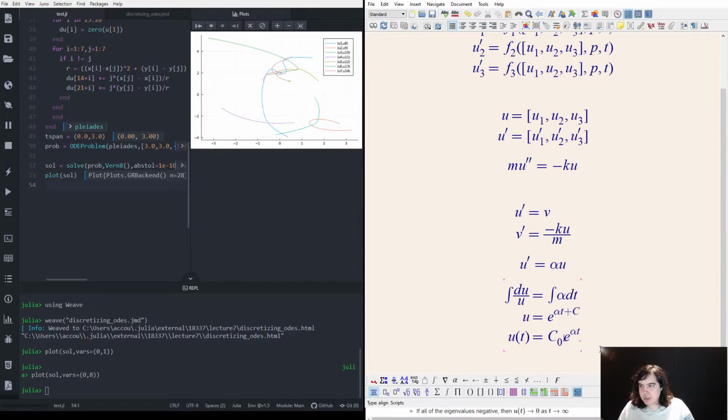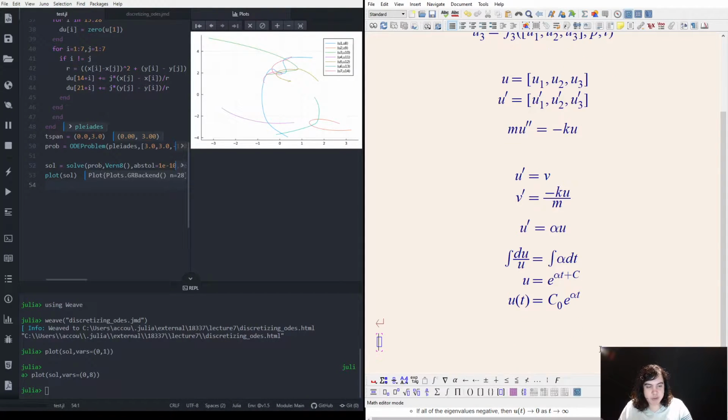How do you get what c0 is? Well, let's say my initial condition is u of t0 equals, well, for simplicity, let's make t0 equal to 0. Let's say u of t0 equals u0.